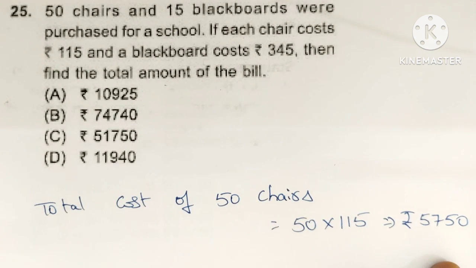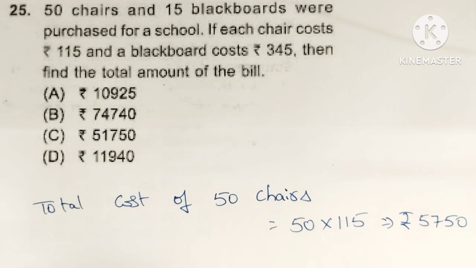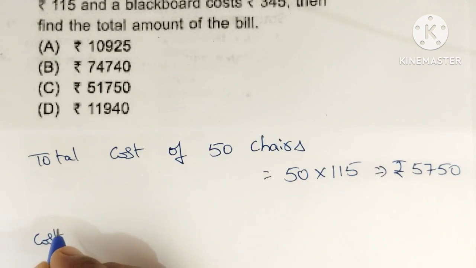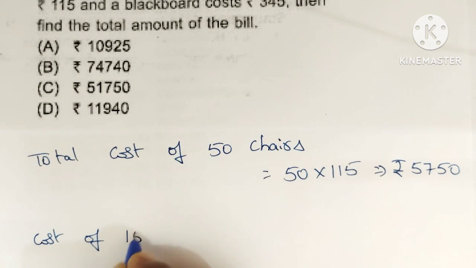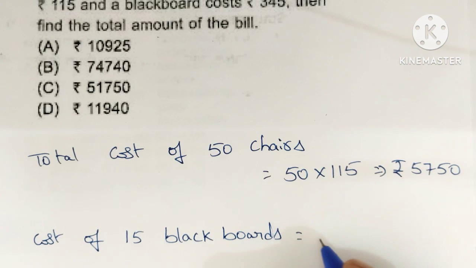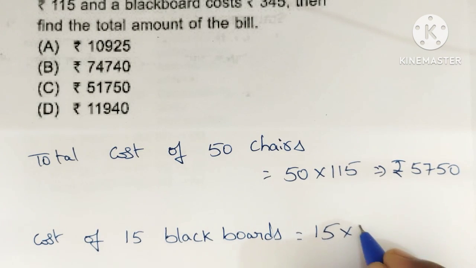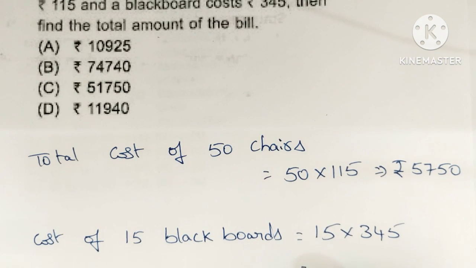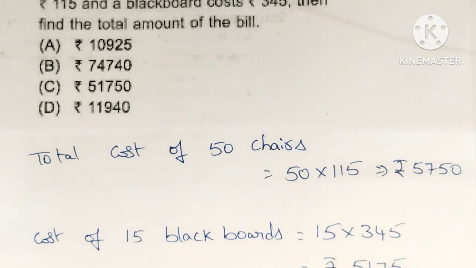Now the cost of 15 blackboards. Cost of 15 blackboards equals 15 into each blackboard cost 345. Now we will multiply, we will get rupees 5175.